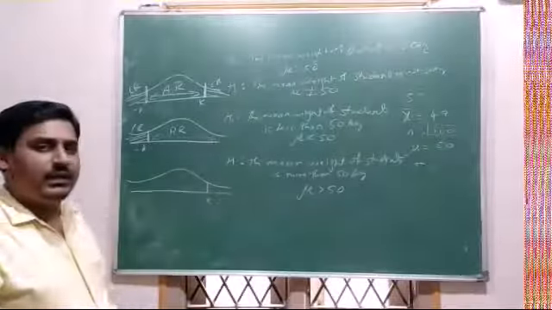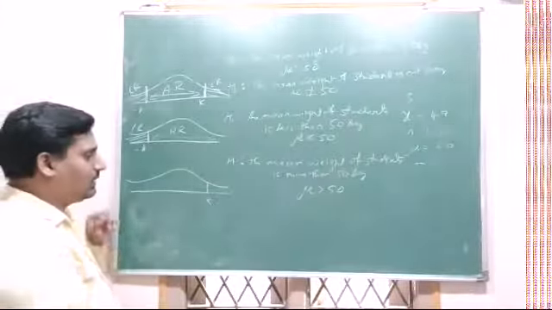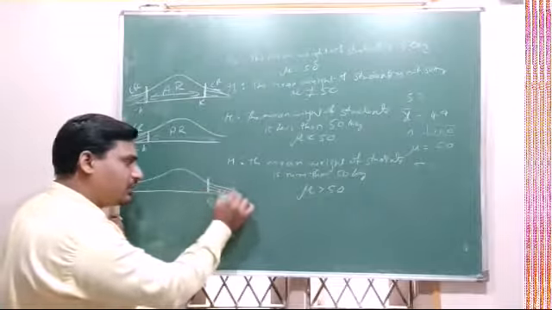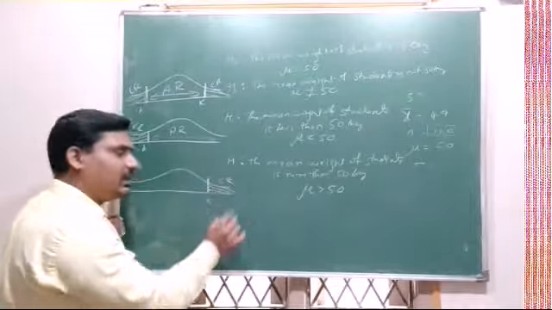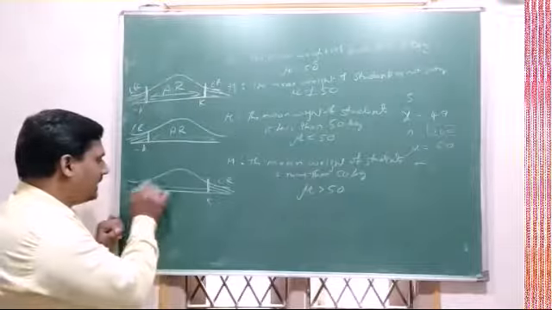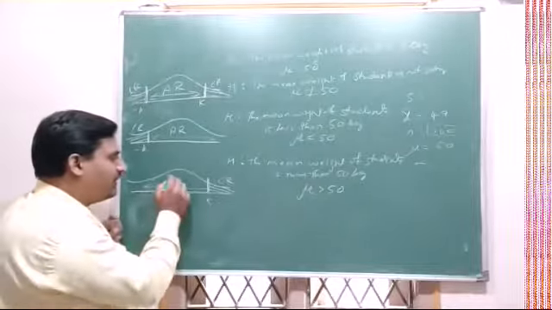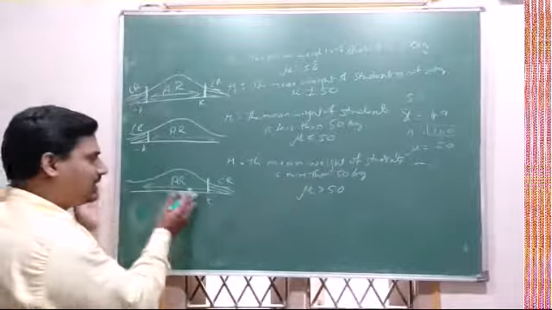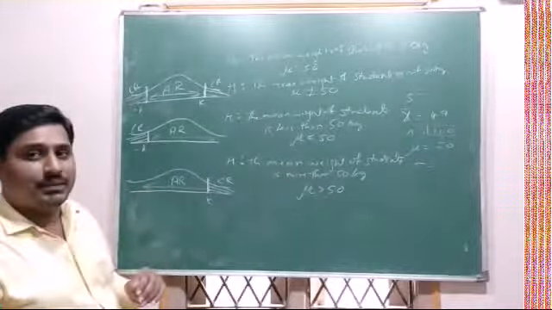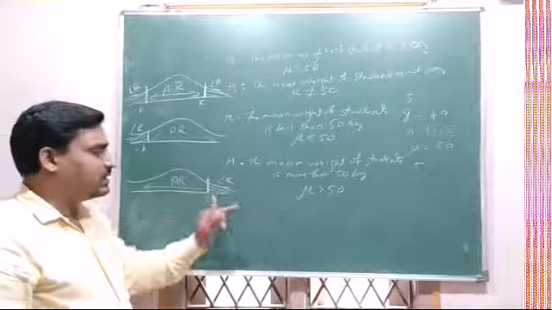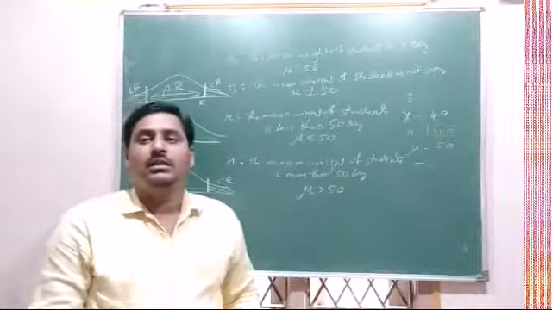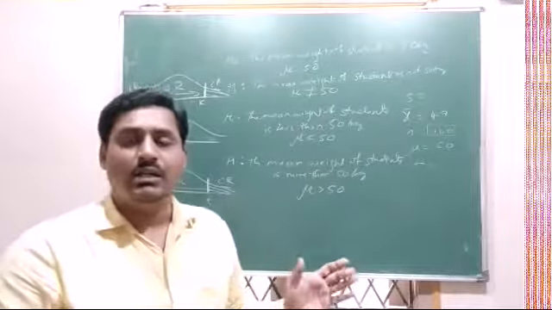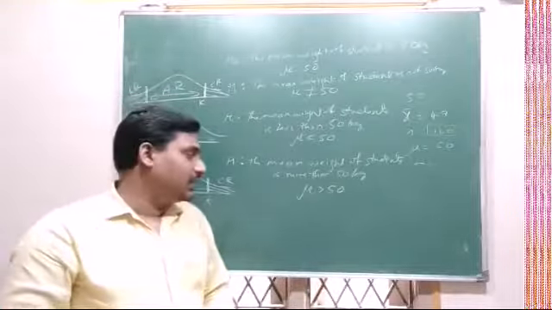And in upper tail or right tail test, from the k value, from this point towards positive infinity, this is the critical region, and this area up to negative infinity is acceptance region. Wherever the answer lies in this area, it is accepted. If it lies beyond this line, then the null hypothesis is rejected, because that is the critical region or rejection region.